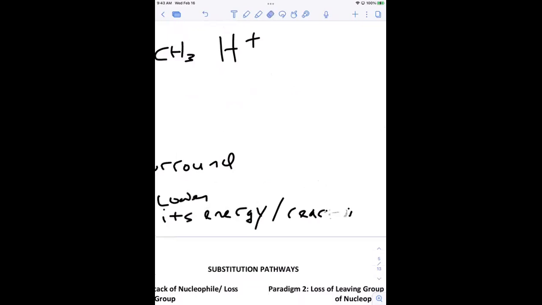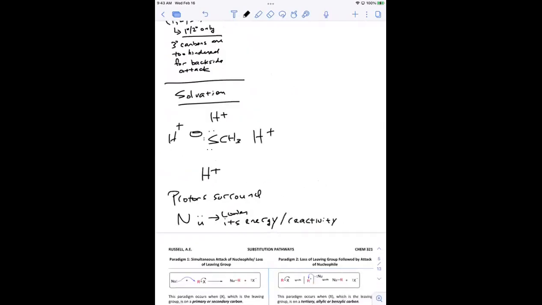Energy and reactivity go down. And when that happens, you've got a huge problem because it's going to slow the reaction down. So that's why you want to use aprotic solvents.